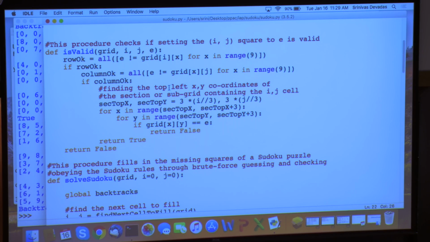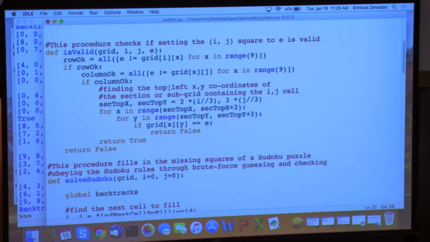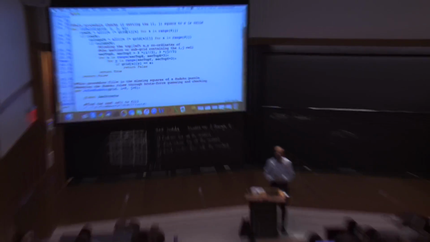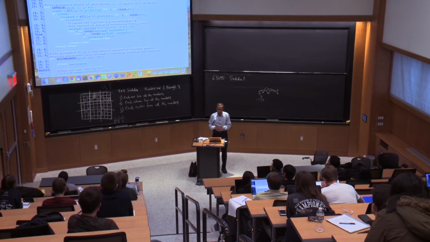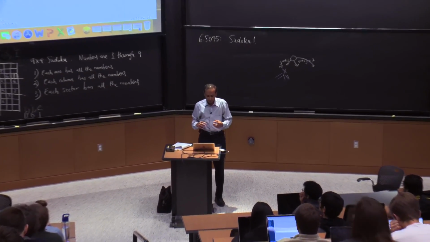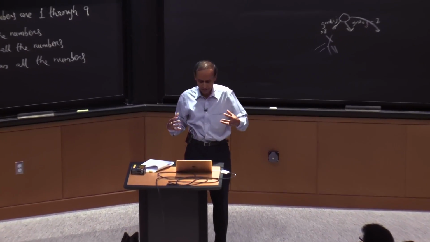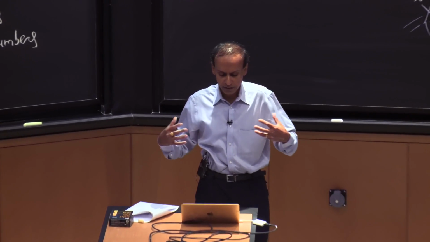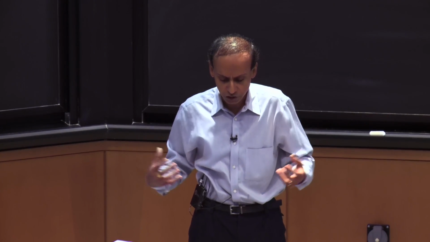Right? Any questions? Yeah, Fadi. What does the all thing in the code mean? The all is essentially a Python built-in function that is a conjunction.